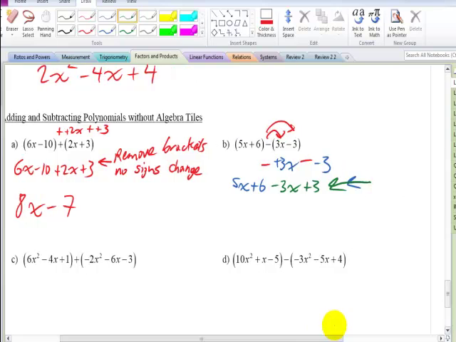Okay. So when you remove brackets, then your signs change. So the first step you should do in your head, but that second one that I wrote down completely you should do. Final answer?